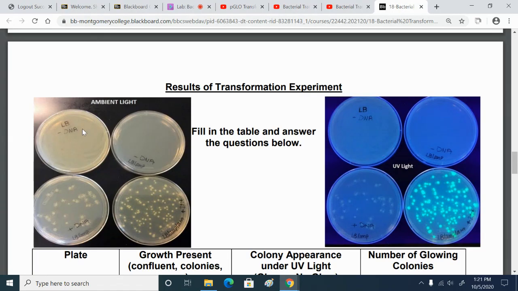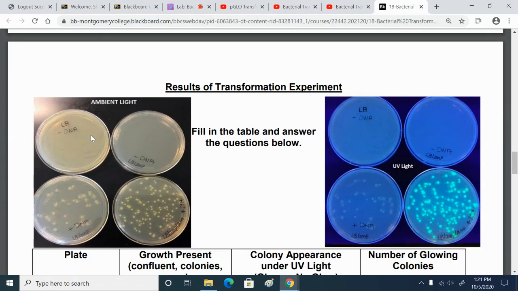So what do we call these two plates in this experiment? What do we call these plates in this experiment? I know for sure you guys learned this in 150.